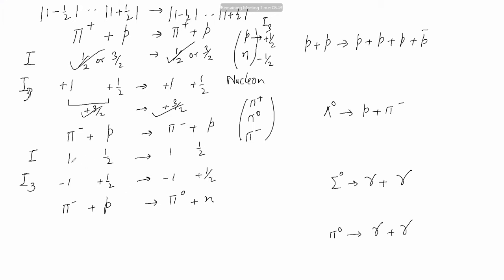Therefore, what are the possible values for 1 and half to combine? Again, following this analogy, the combination will give us half or 3 by 2. Here also half or 3 by 2. While here, when I combine the projections, I get minus half, and the same here. Then what type of interaction is this? Again, a strong interaction.